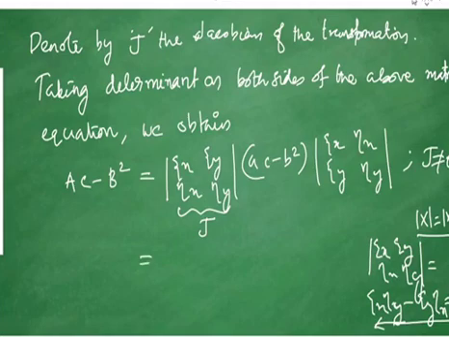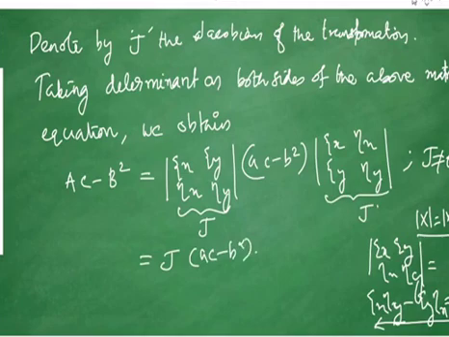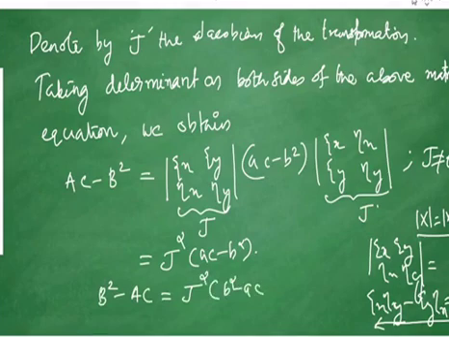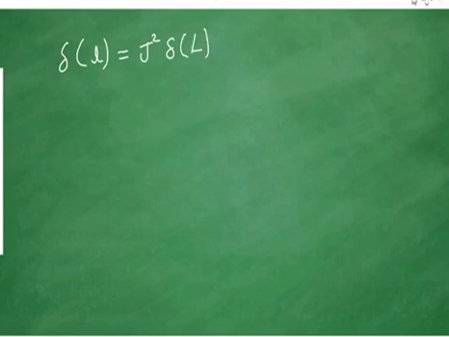And this matrix determinant is also J. So this is equal to J square into ac minus b square, or by taking minus on both sides, we can write B square minus AC is equal to J square into b square minus ac, or delta of small l is equal to J square into delta of capital L, the discriminant of the capital L.